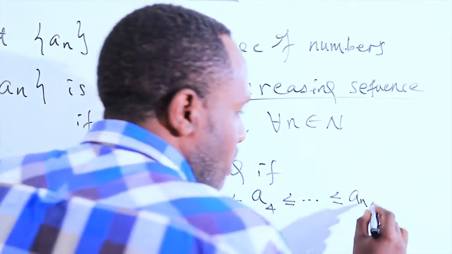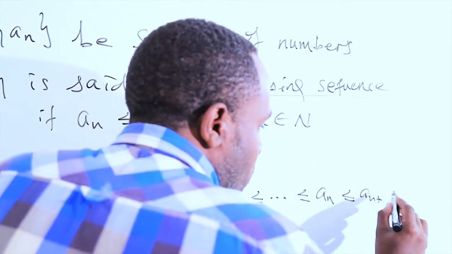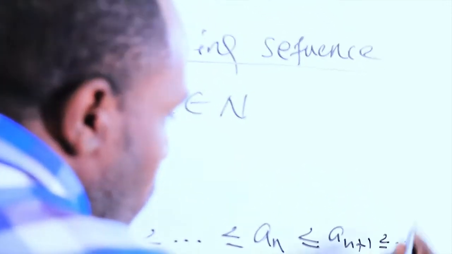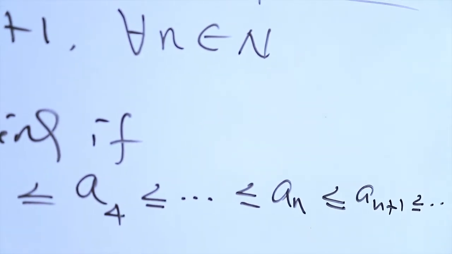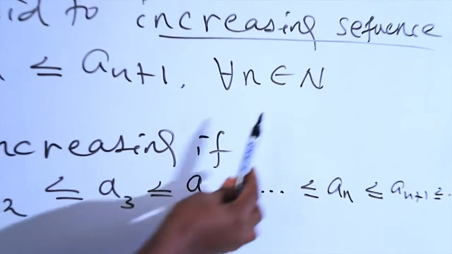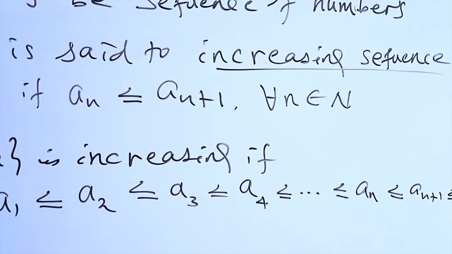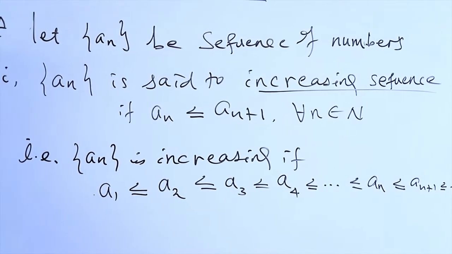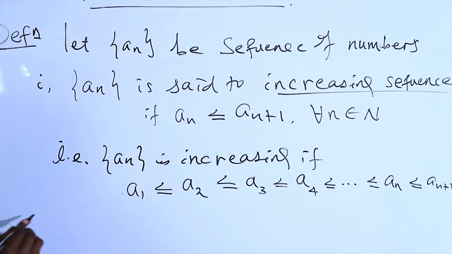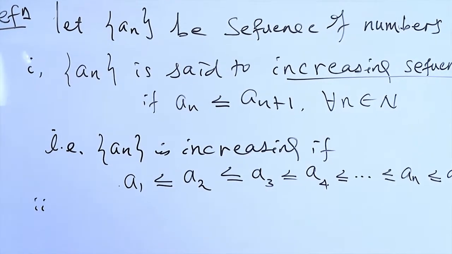For every n it works like this, AN is less than or equal to AN plus 1. So if this happens for every n in the set of natural numbers N, then such a sequence is known as an increasing sequence.